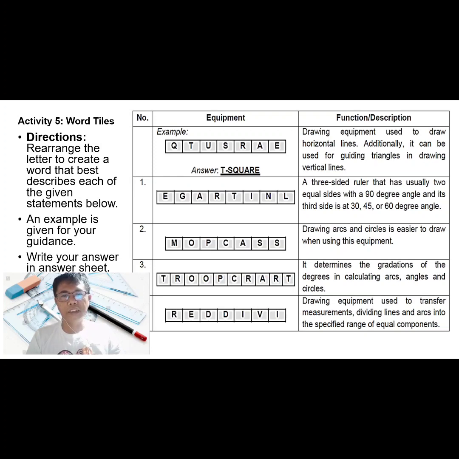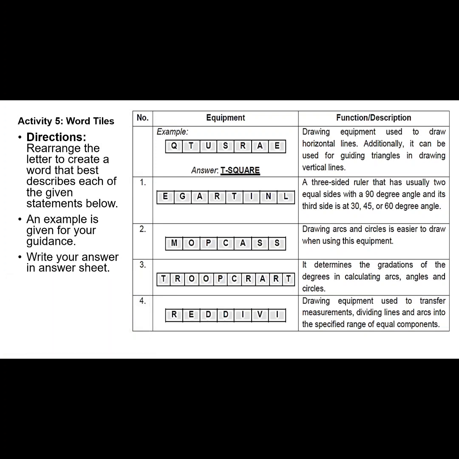The direction is rearrange the letters to create a word that best describes each of the given statements on the right side. An example is given for your guidance. Write your answer in your answer sheet. Pause the video when answering.